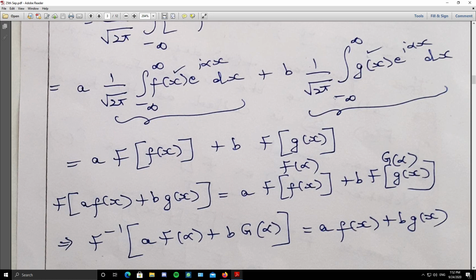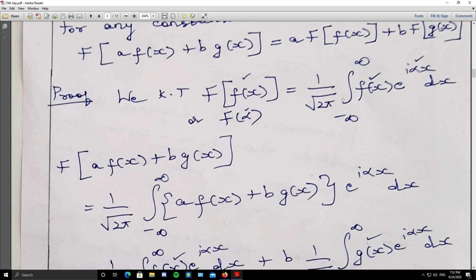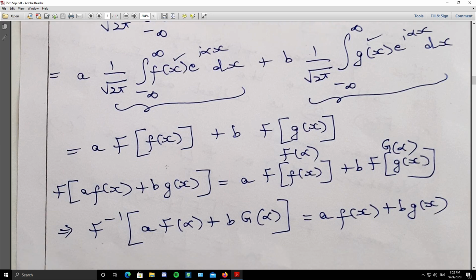I repeat, this is the formula in Fourier. You have two notations. You are writing the left side from the right side. So from the right side, how will you get the left side? Either with respect to the function or with respect to the parameter. If you write with respect to the function, it is a times Fourier transform of f of x plus b times Fourier transform of g of x.